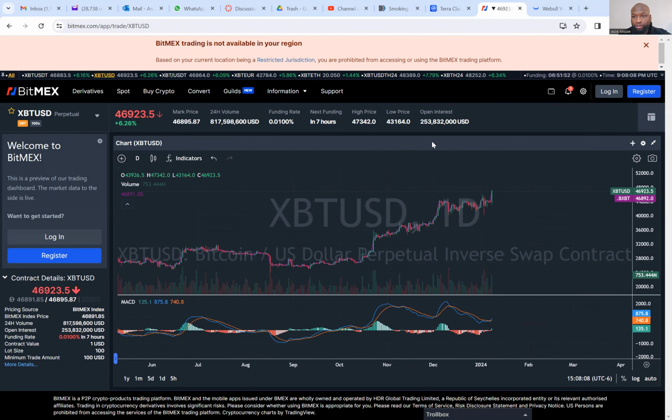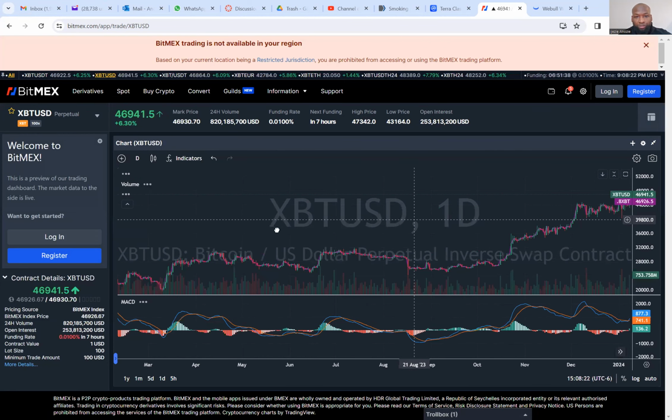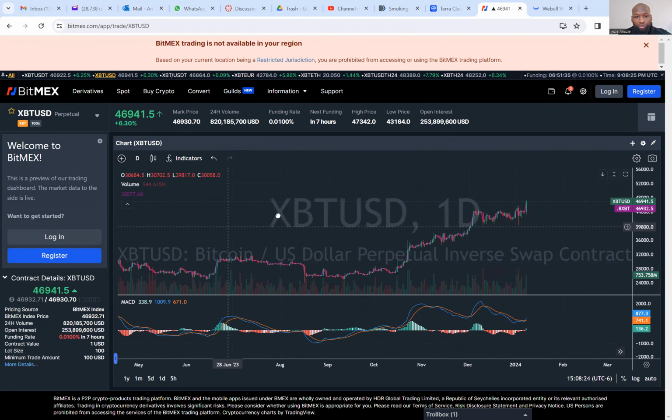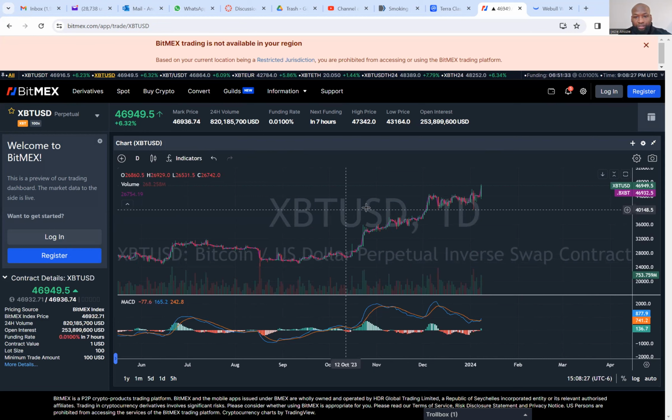Sometimes some apps allow you to make it even bigger. Okay, so we can move this, we can move this, right? What we are seeing here is our chart. This is the chart that we're going to be looking at and studying.